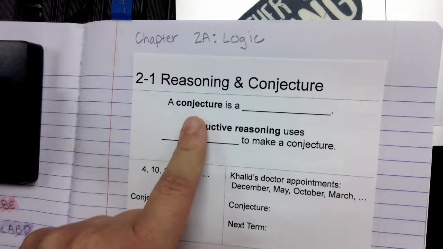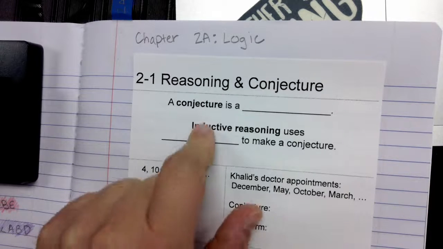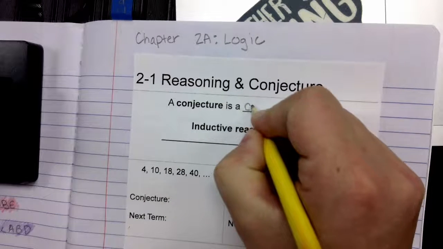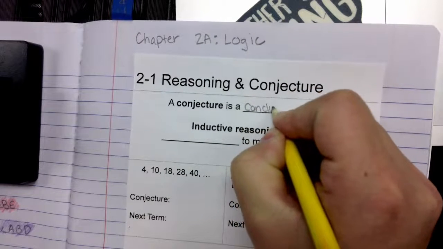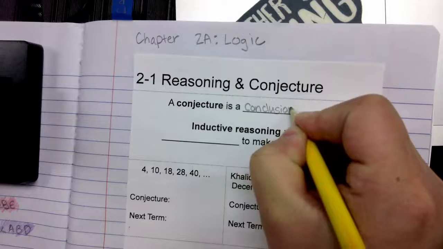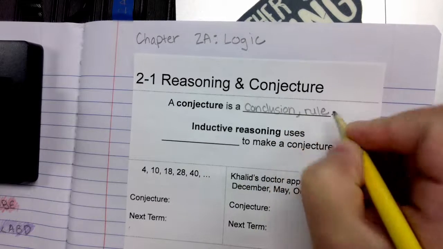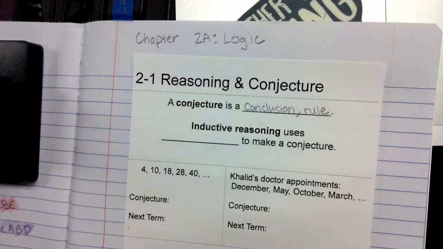Okay, a conjecture. A conjecture is a conclusion, or it might be like a rule. Okay? A conjecture is like a conclusion or a rule.